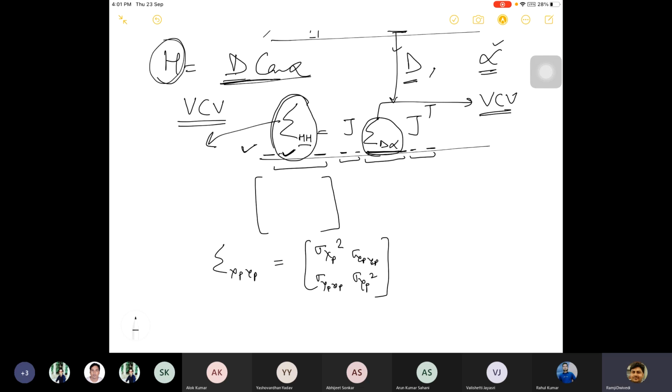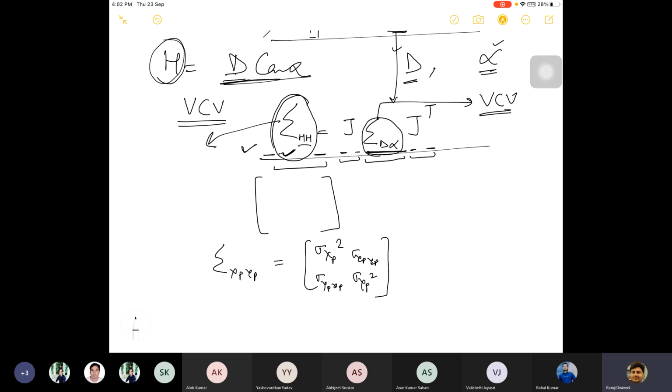Then why are you telling in this case it would be sigma dd? Why? It would be sigma h square.